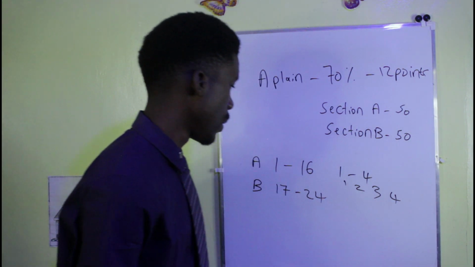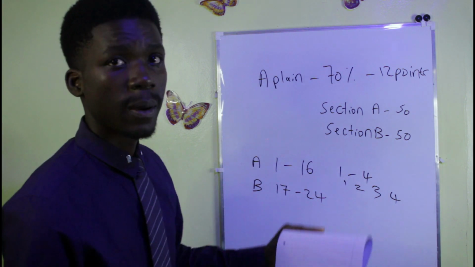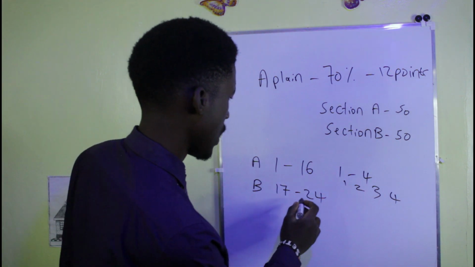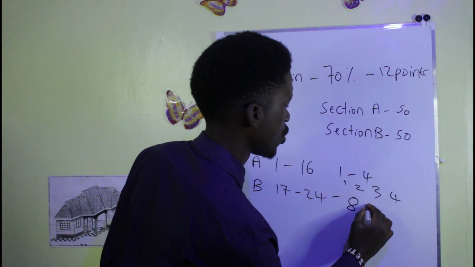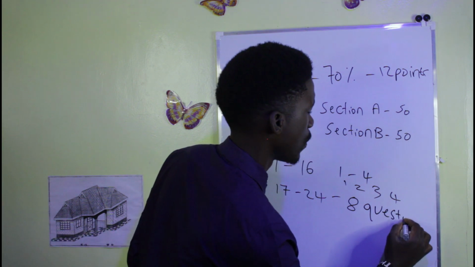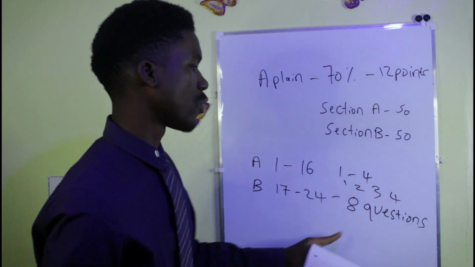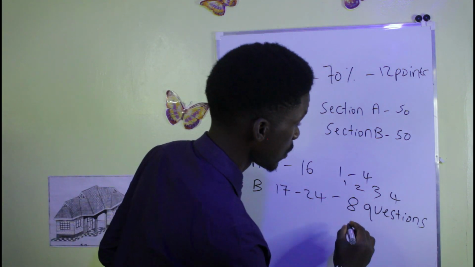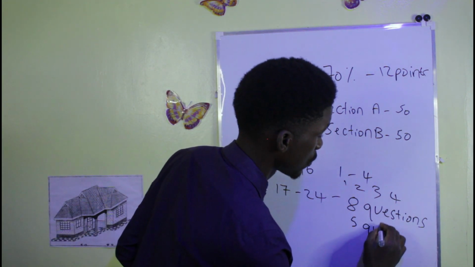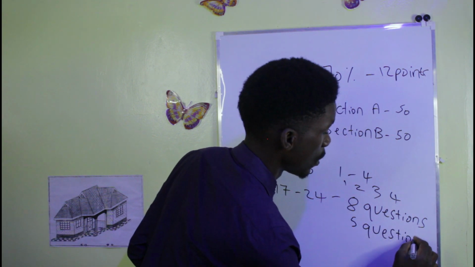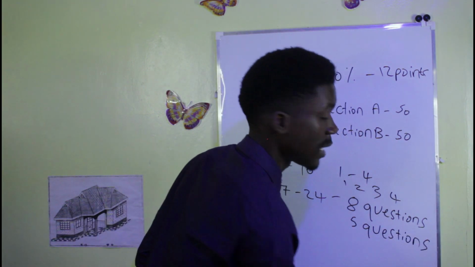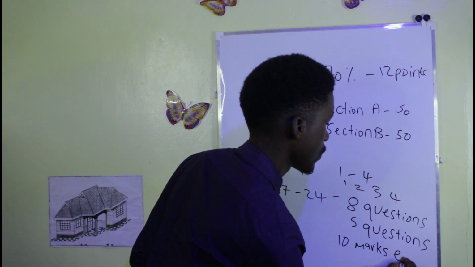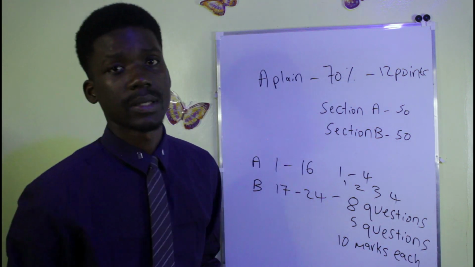In section B, we have few questions, 8 in number. Out of these 8 questions, you are required to choose only 5 questions, which contain 10 marks each.